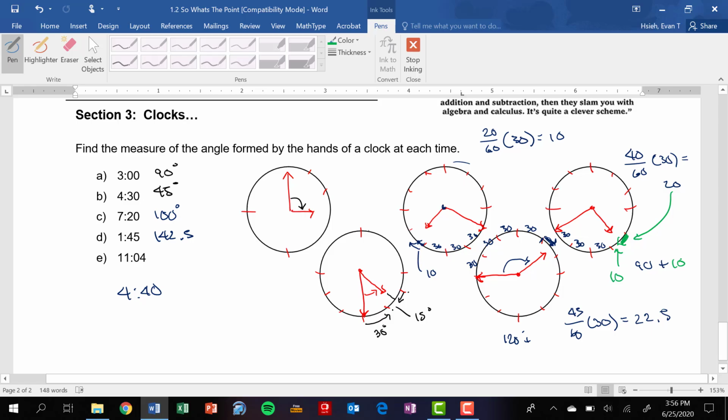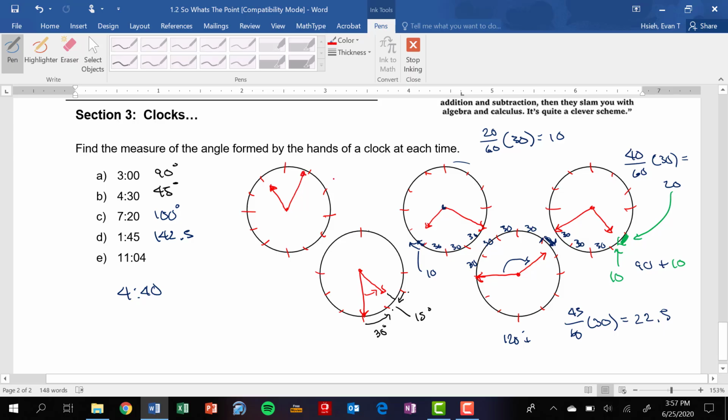All right, 11:04. Let's jump back to the first one here. Let's try 11:04. This is legit 4-level stuff here. Okay. So I know that 11:04 is going to be little hand here, just past the 11, and I know it's going to be 4 minutes right there.